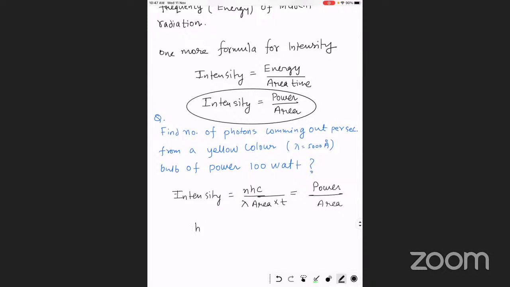So you can write nhc by lambda area, put t equal to 1 because they want number of photons per second. Power upon area, so area will get cancelled.